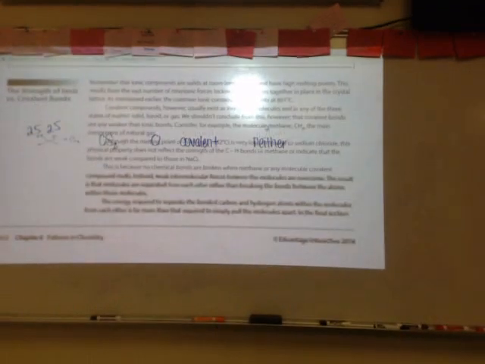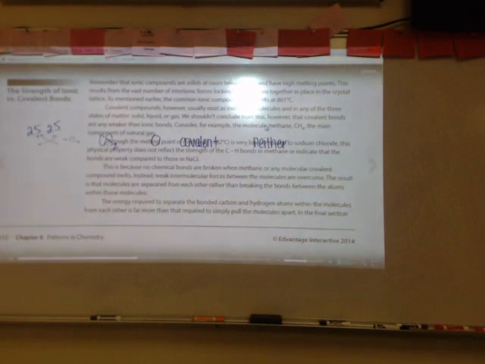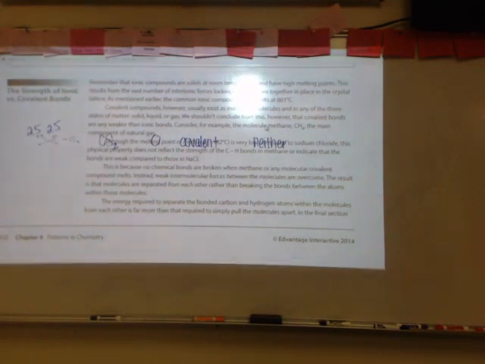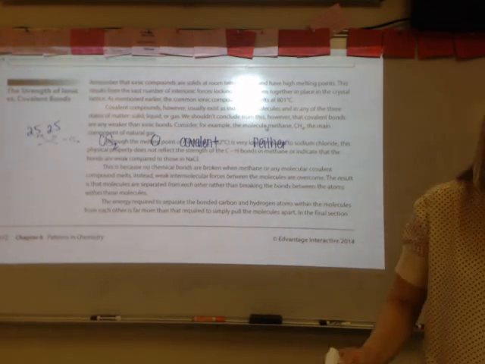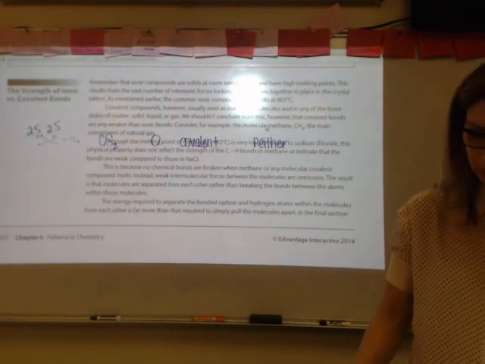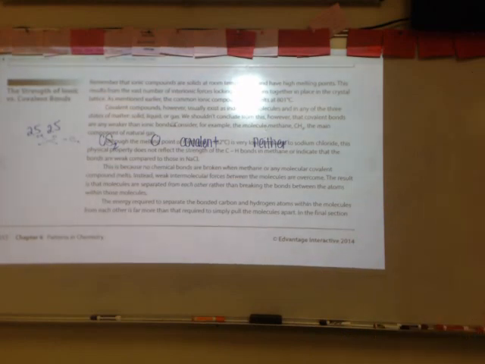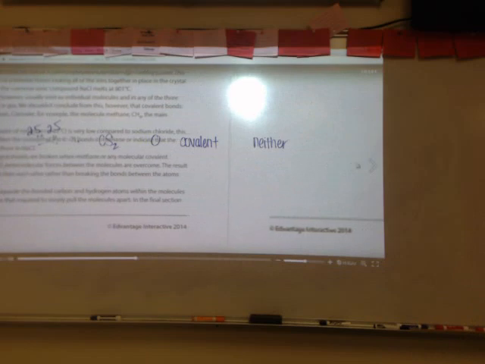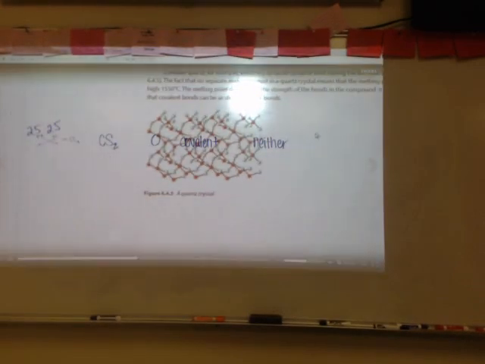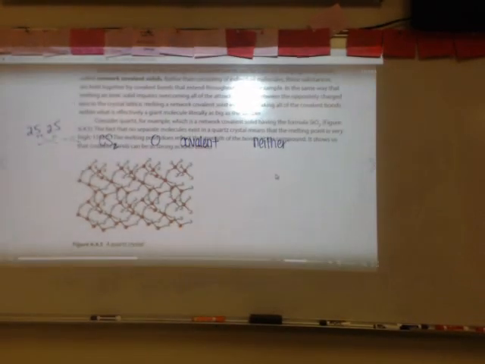All right, now, last thing. The strength of ionic versus covalent bonds. You might think that covalent compounds, since they contain covalent bonds and they're between nonmetals, have the weakest bonds, especially in comparison to ionic. But what I want to show you is that on the next page, we've got quartz here.